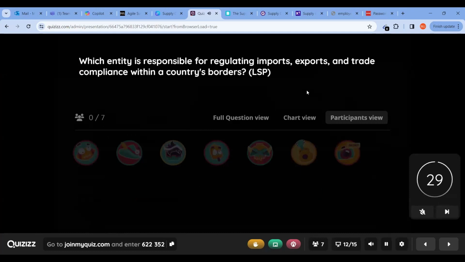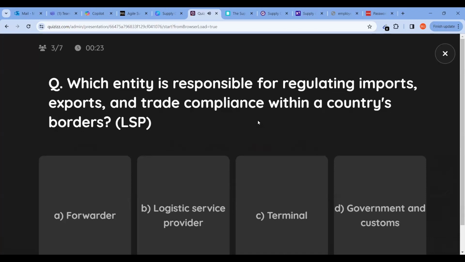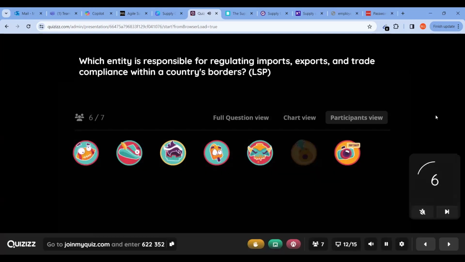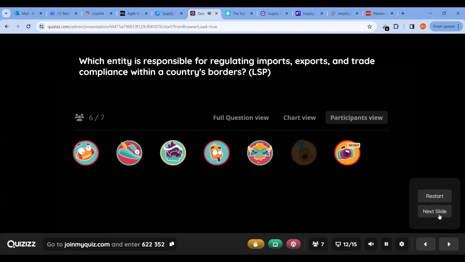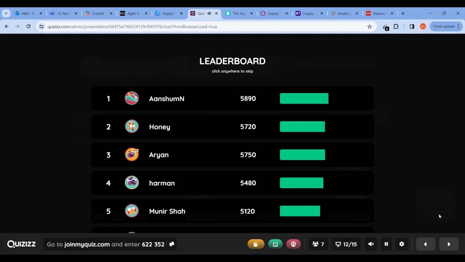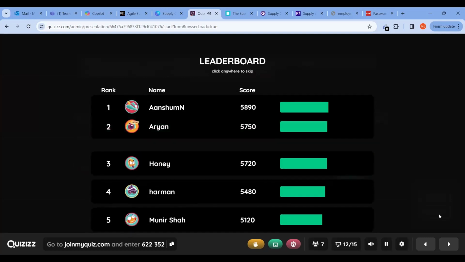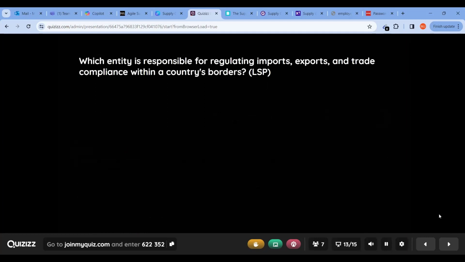So which entity is responsible for regulating imports, exports, and trade compliance within a country's borders? Government and customs.